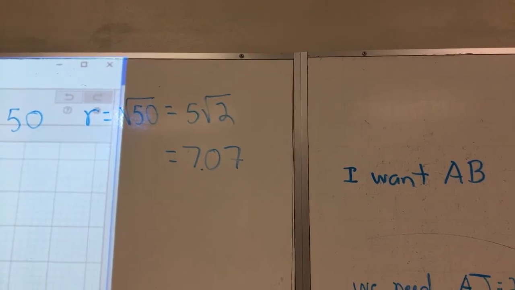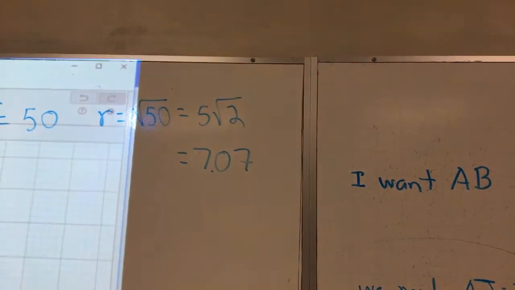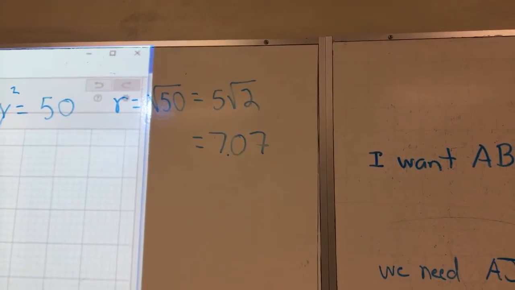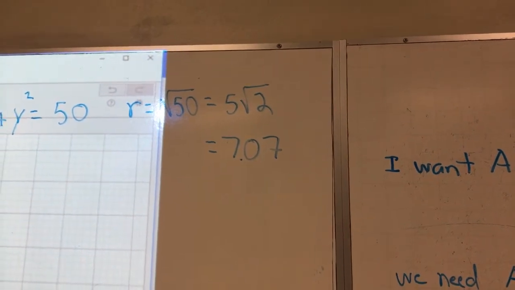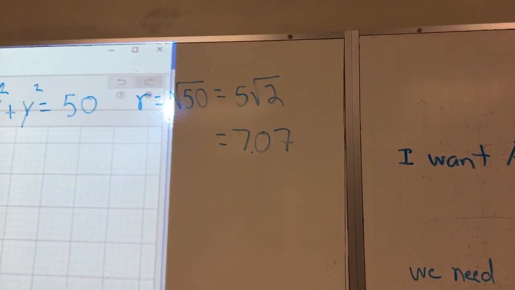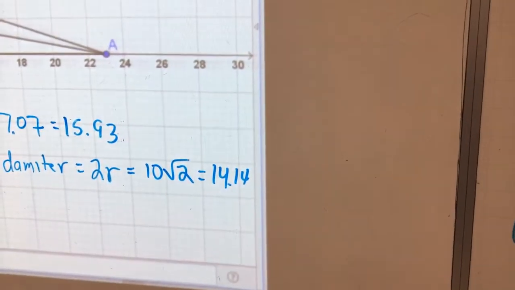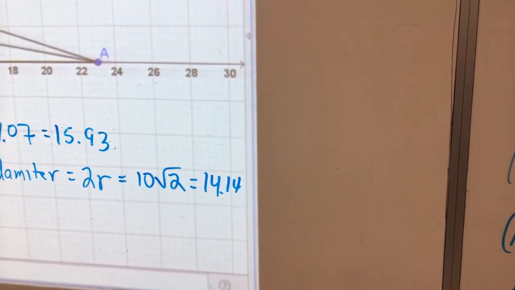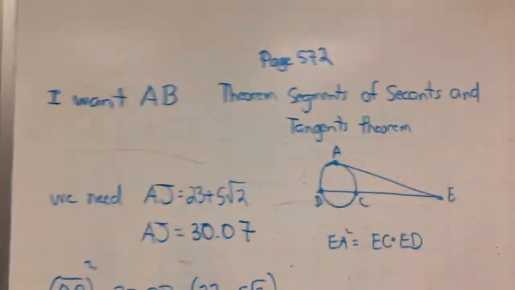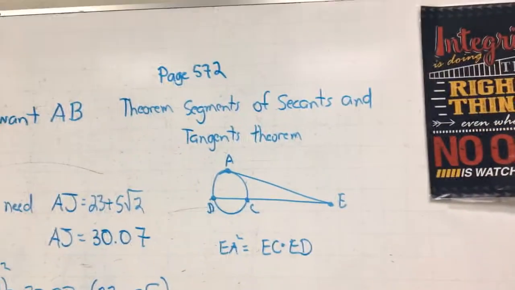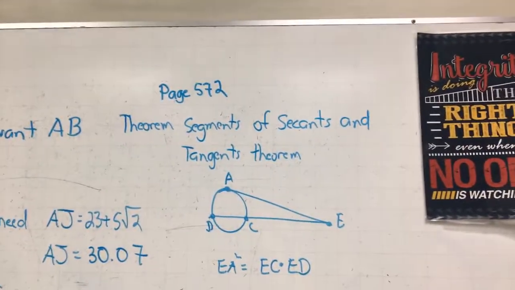If you put that in your calculator, you get about 7.07. So the radius of this circle is 7.07. What does that make the diameter? 2 times that, 14.14.